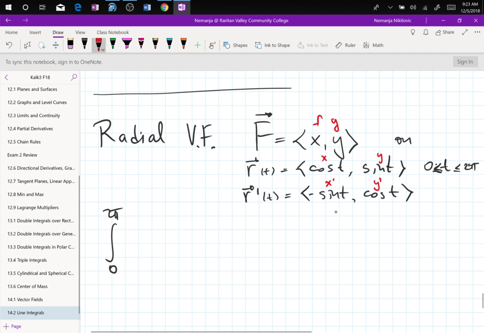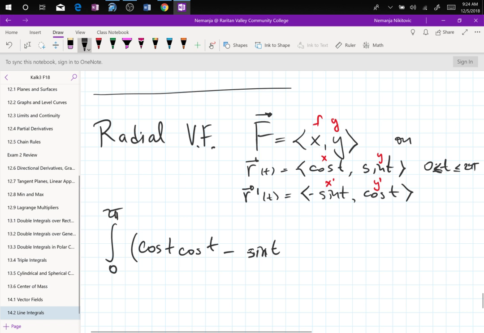So now what I have here is my F, that's cosine t, times another cosine t for y prime, minus y, which is sine t, and x prime is negative sine t, dt.